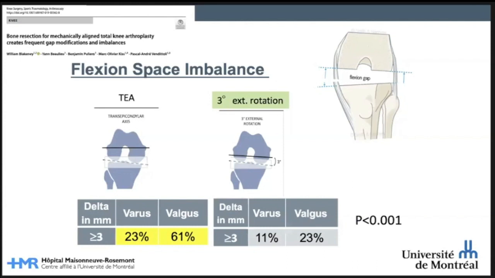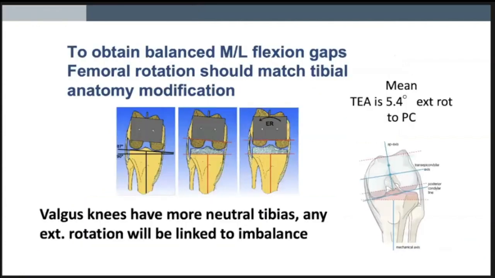And in our results, we showed that the 3-degree external rotation was slightly better than the transepicondylar axis. The reason why the 3-degree external rotation was producing fewer imbalances is that the transepicondylar axis is 5-degree externally rotated according to the posterior condyle, which is more than the 3-degree systematic approach with the PC 3-degree technique.